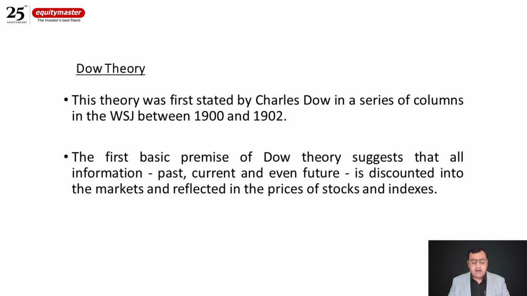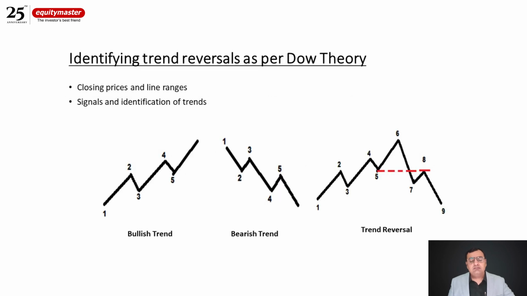Okay, so let's look at how to identify the trend as per the Dow Theory. There are basically three trends. One is the bullish trend, one is the bearish trend, and the third is when the trend change happens. So let's understand the bullish trend. If you look at the screen over here, I have marked 1, 2, 3, 4, 5, which means that the prices are going higher and higher.